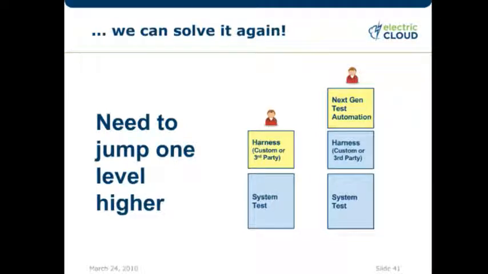So a lot of customers have custom or third-party harnesses that they've built on top of the system test. And as I was saying before, that's good. It automates some things, but it doesn't give us that end-to-end. What we really need is something on top of that, which is a workflow automation engine that's going to drive the harness, not only the harness, but also knows something about resources, knows something about communication, knows something about data synthesis, knows something about creating reports, pulling interesting bits of data out.